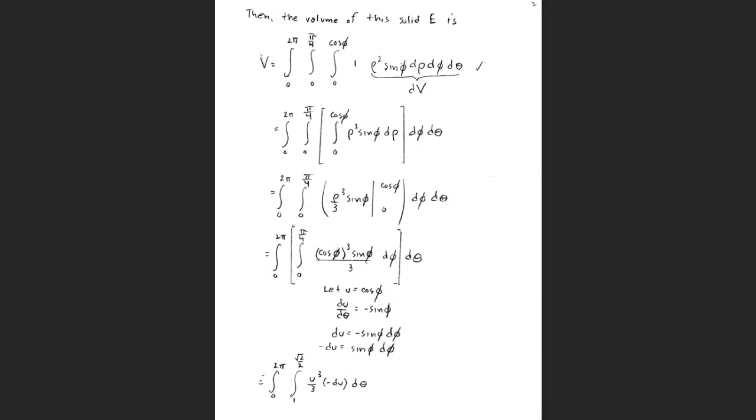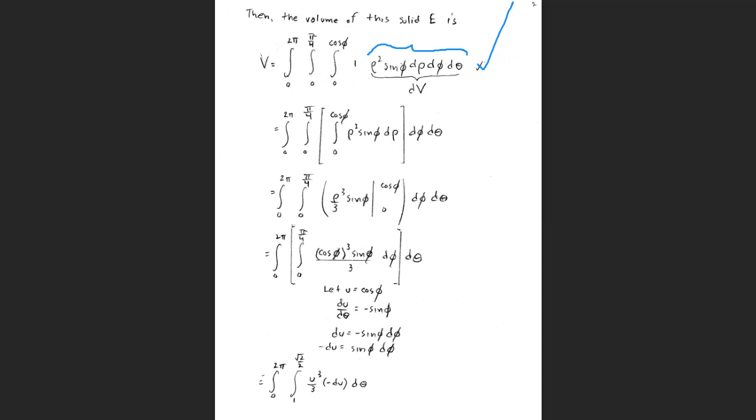So here we go. Now the volume of the solid is given by this triple integral. dV, as you know, using spherical coordinates, is rho squared sine of phi d rho d phi d theta. Now you could do rho squared sine of phi d rho d theta d phi.